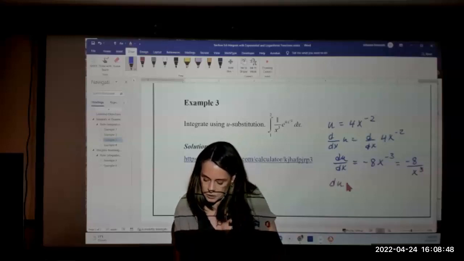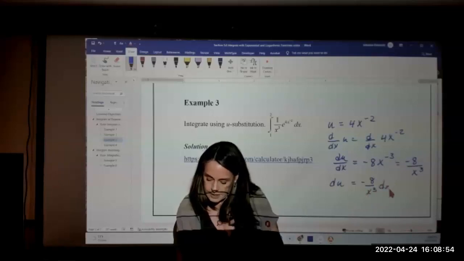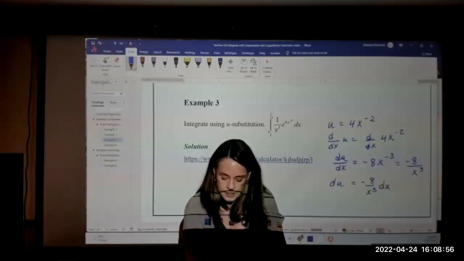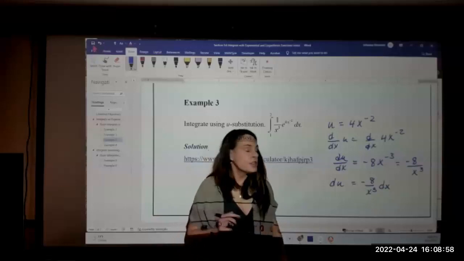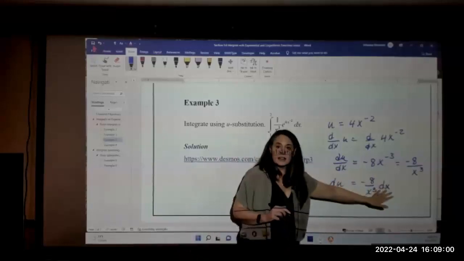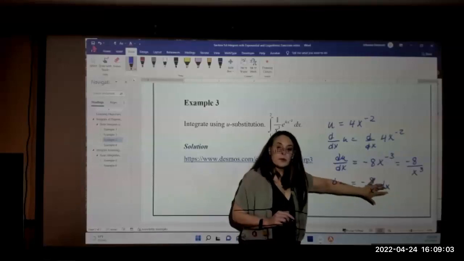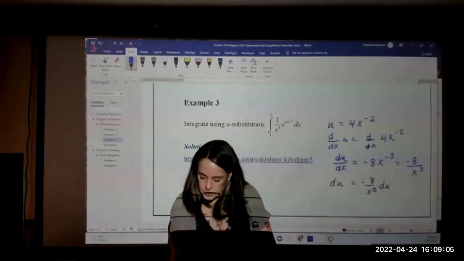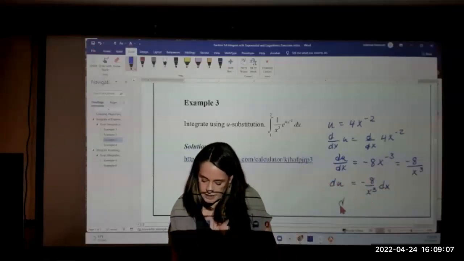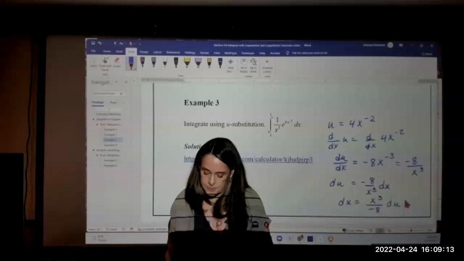So I get du is equal to negative 8 over x cubed times dx. The next thing that I want to do is solve for dx by multiplying both sides by the reciprocal of the fraction. So this gives me dx equal to x cubed over negative 8 times du.